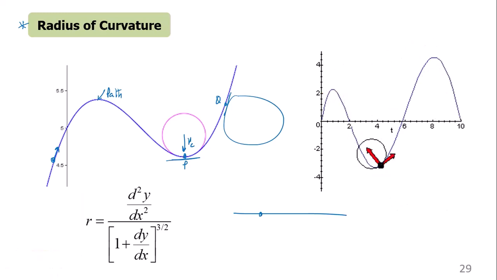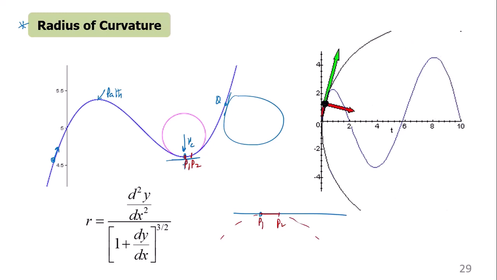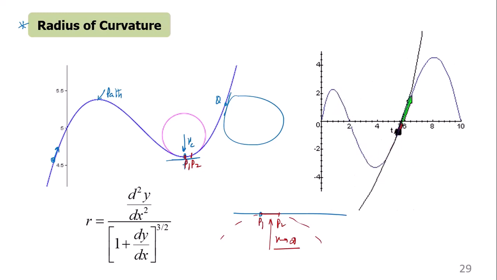Let us say one point is P1, another point is P2. The tangent is touching both P1 and P2. Here also, if this is one point P1 and here point P2, can I draw a circle which is touching both P1 and P2? Yes, I can draw it, but for that circle, the radius of curvature should be infinitely large.